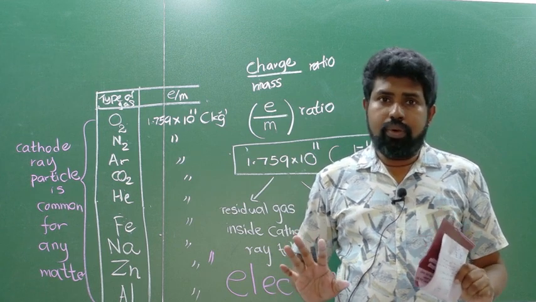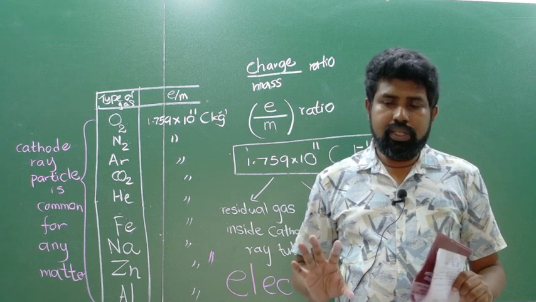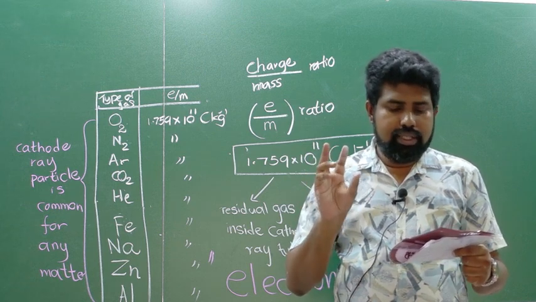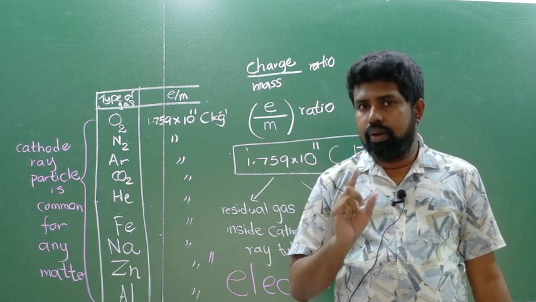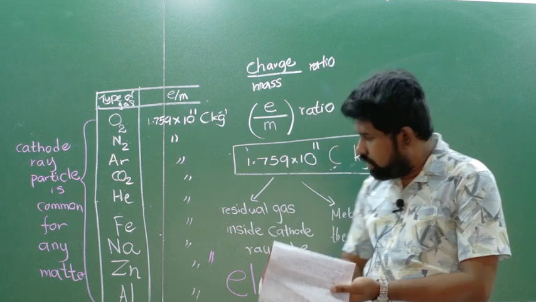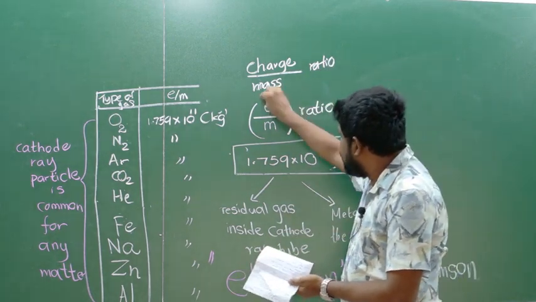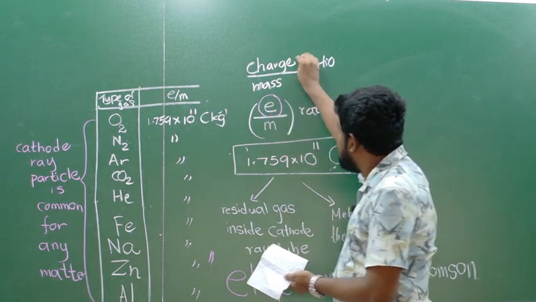Now, the electron was found by J.J. Thomson. After this discovery, there is a very important factor to talk about, that is the charge of the cathode ray particle.